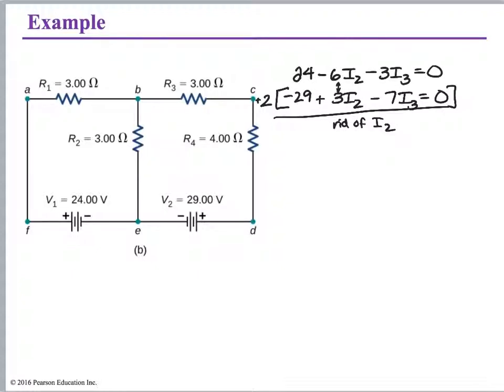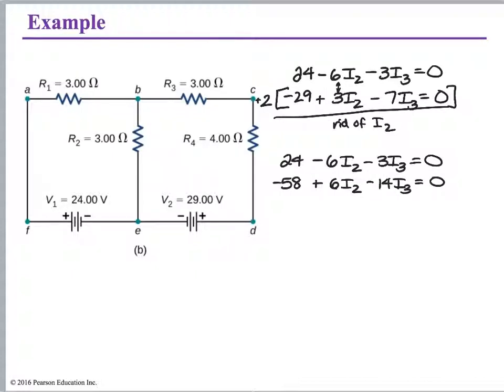So that's what I'm going to do. So I'm going to take the top equation, it isn't going to change. And the bottom equation will be minus 58 plus 6I2 minus 14I3 equals 0.